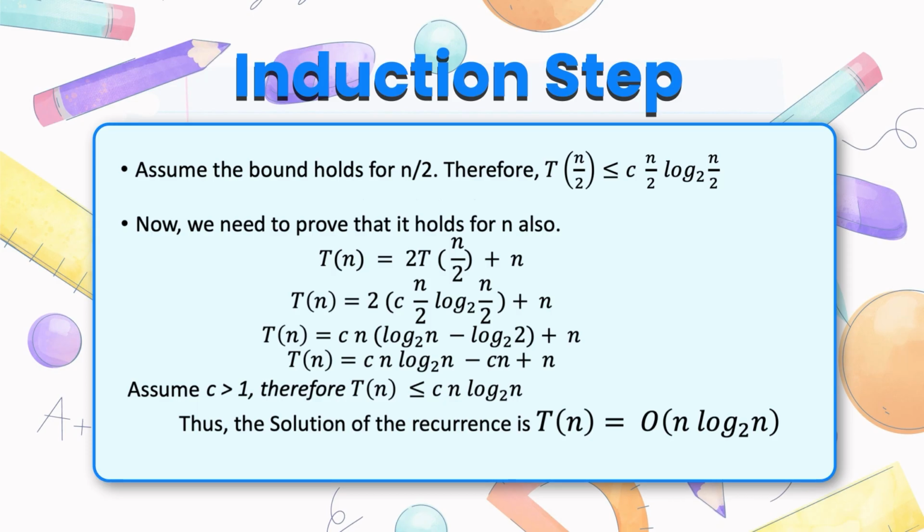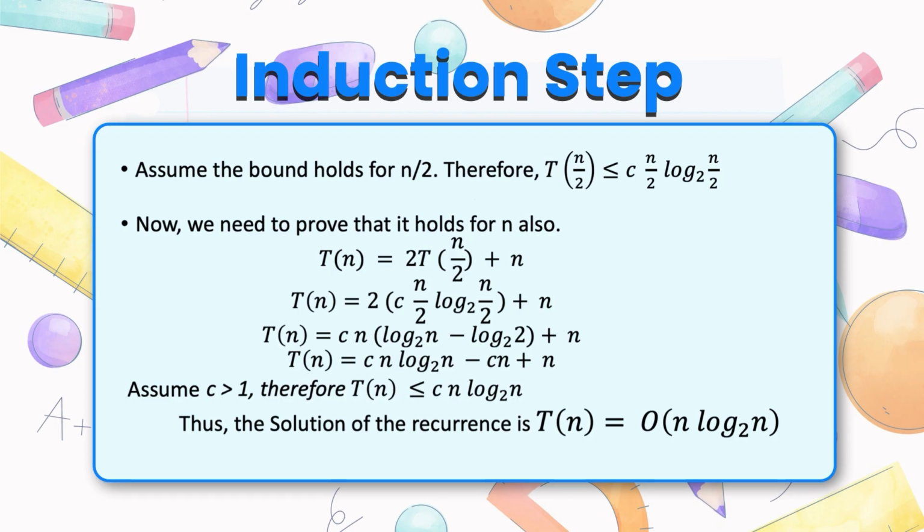So T(n/2) is replaced by C(n/2) log2(n/2), which we have obtained from the first line. When you solve n/2 times that, you get Cn. We further write log2(n/2) as log n with base 2 minus log 2, and log 2 is 1.